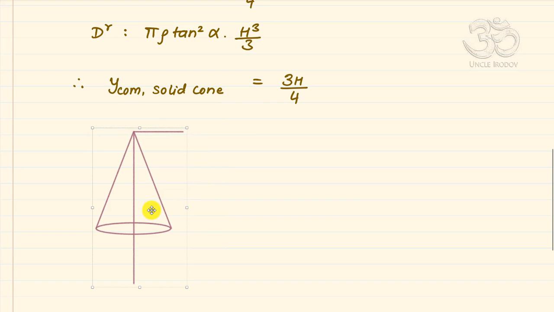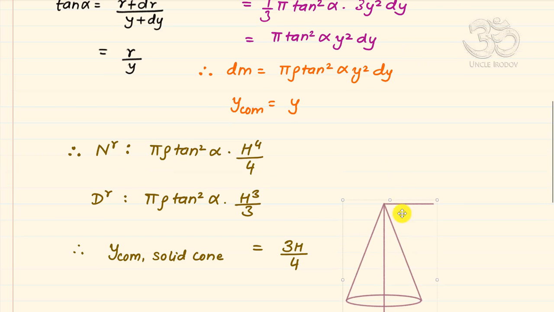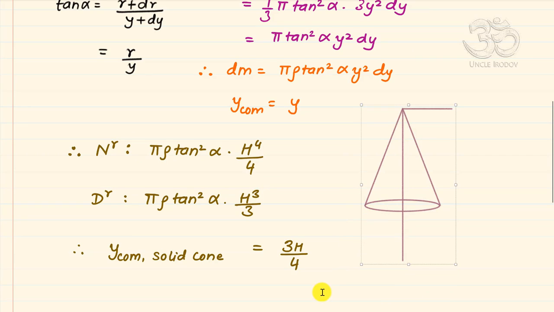So if you have a solid cone like this, the center of mass of the solid cone is at h by 4 distance from the bottom and 3h by 4 distance from the top. This is how you can find the answer for a solid cone.